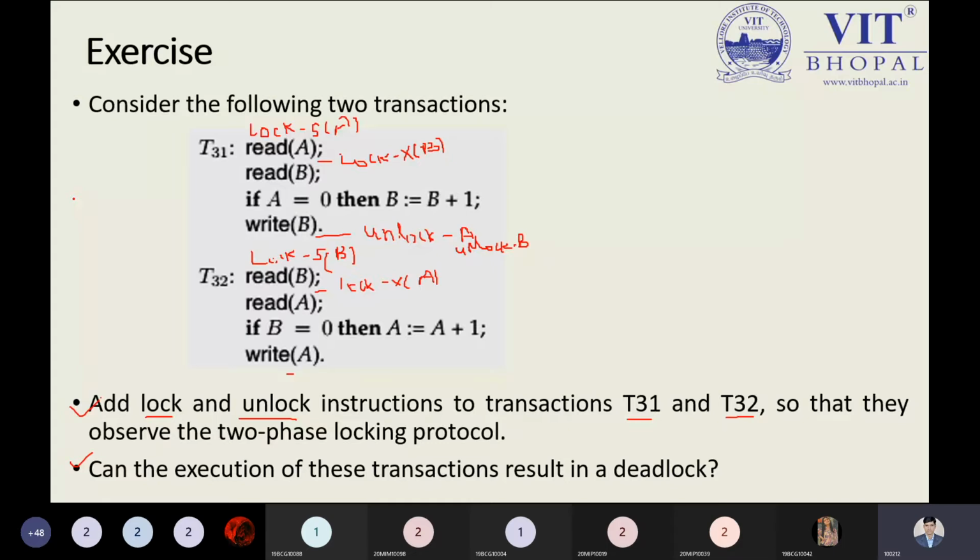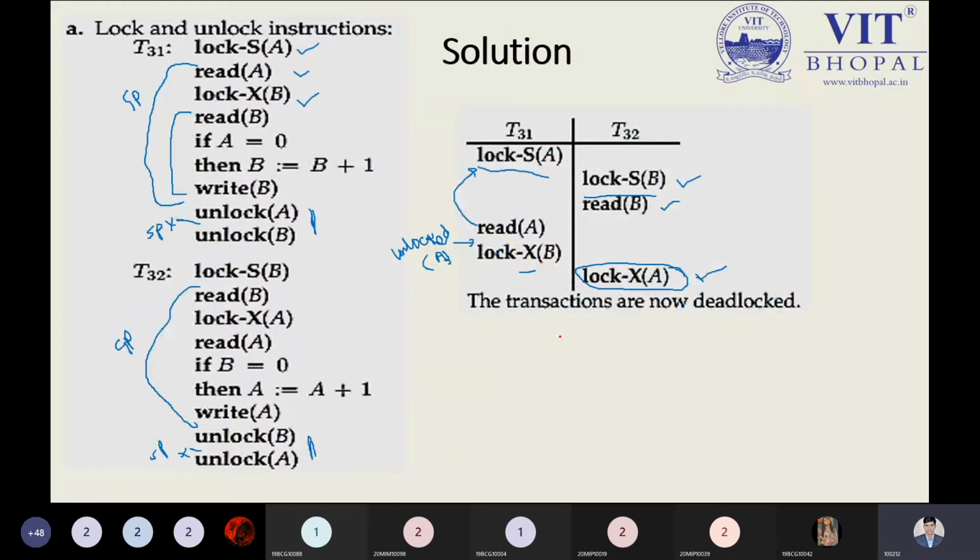Just listen over here. This is the solution I'm showing right now. What part have I picked over here? See, this lock S A comes over here. A read definitely will come here, but it was not mentioned.